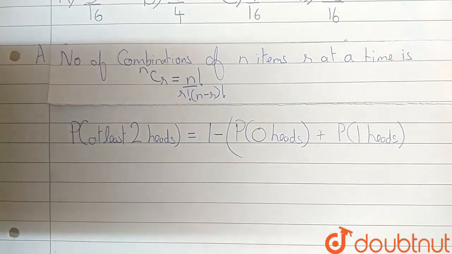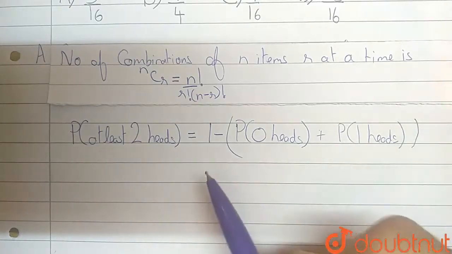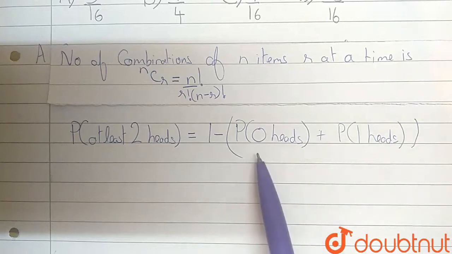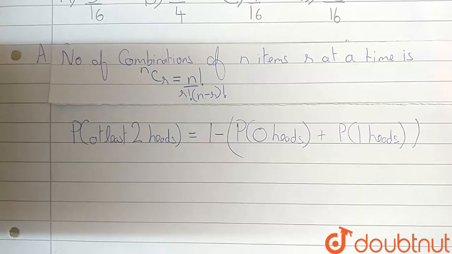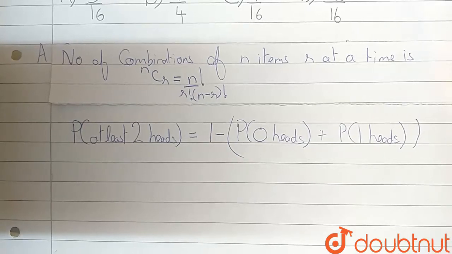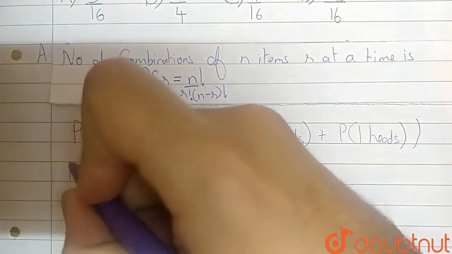Since P of at least 2 heads will include 2 heads, 3 heads, 4 heads, or even 5 heads, it's easier to calculate it as such, subtracting from 1, which is the total probability, the 2 items P of 0 heads and P of 1 head. So we must find these 2 items, and we can find the answer.